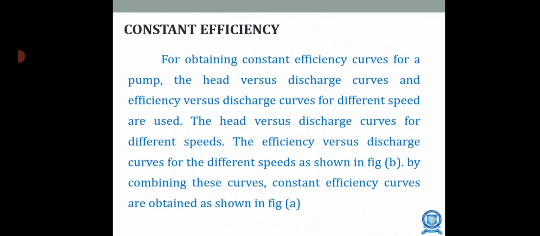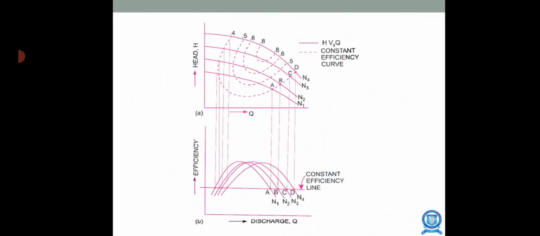You can see this. The first line shows H versus Q, where the head is along the y-axis, and how it varies for various speeds.